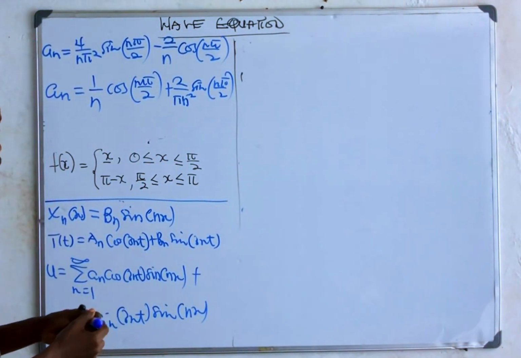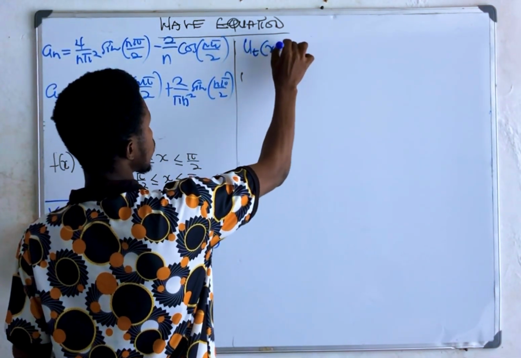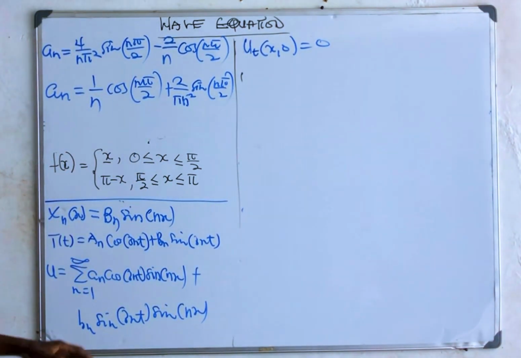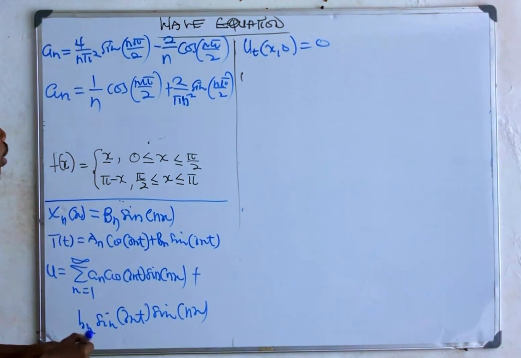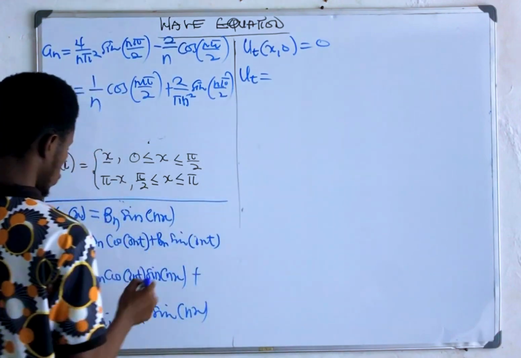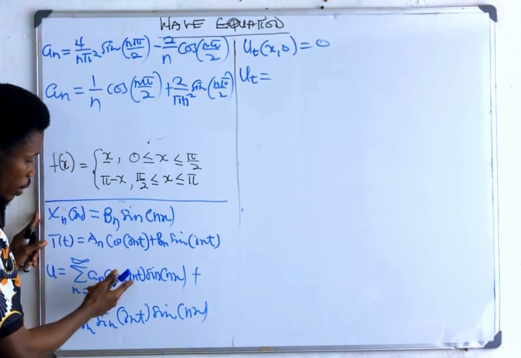If you remember from the question, there was something given to us: u subscript t of x, 0 is equal to 0. What it means is that we should differentiate this one with respect to t. So if we differentiate with respect to t, u subscript t will be equal to, now this is nx, so you will not touch it. It's this one that you are differentiating.